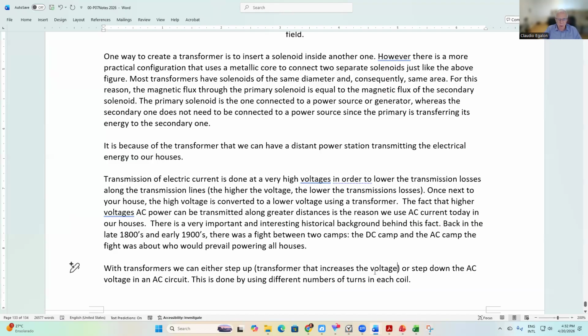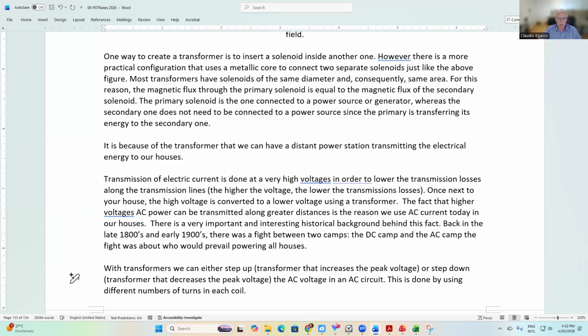Or step down: a transformer that decreases the voltage, the AC voltage in a circuit. I'm talking about the peak voltage, right? That's what I mean by increasing the voltage. That's what I mean by voltage. I mean the peak voltage.